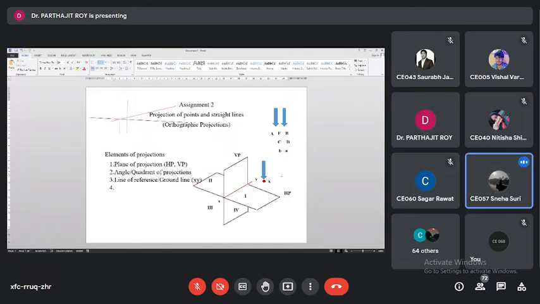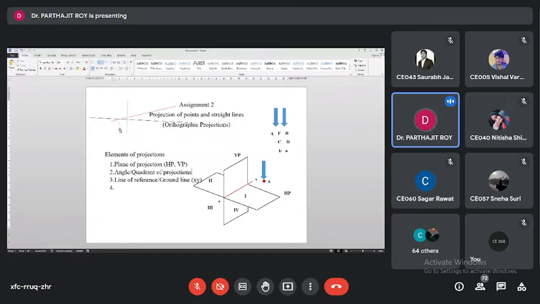Sir, making a perpendicular from that to the horizontal plane. Okay, if I draw a perpendicular from point A on the horizontal plane, this line will be parallel to the vertical plane. Yes or no? Yes, sir.